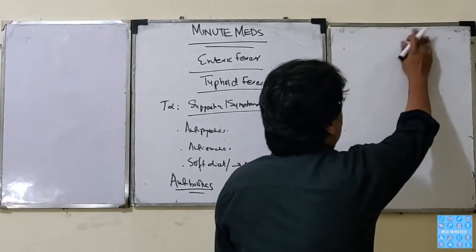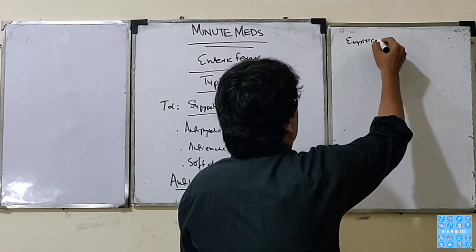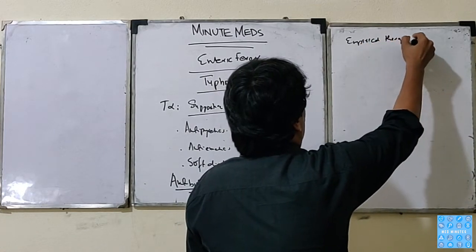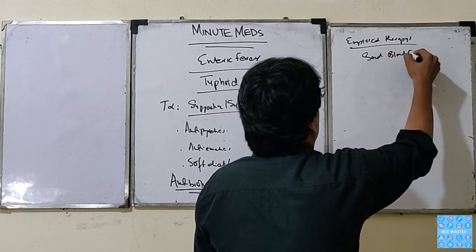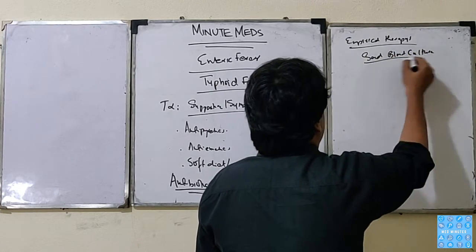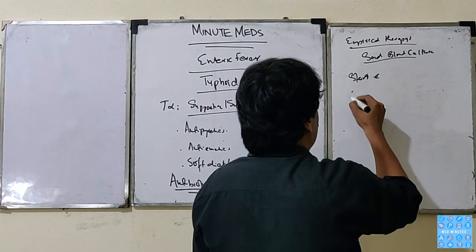Now we start with the basic empirical therapy. What we actually do is we send the blood cultures and then start the treatment. We have three options.